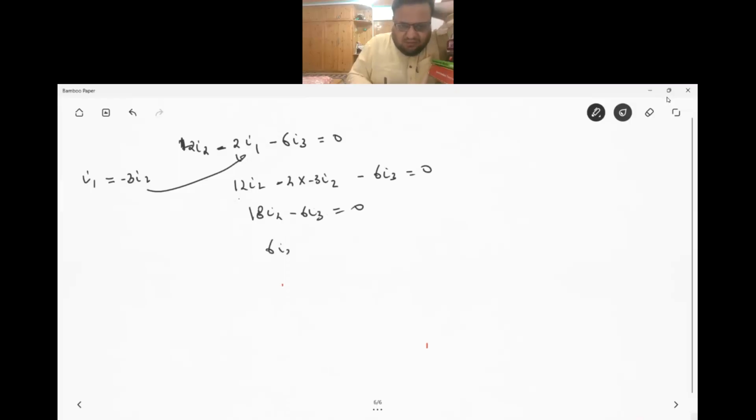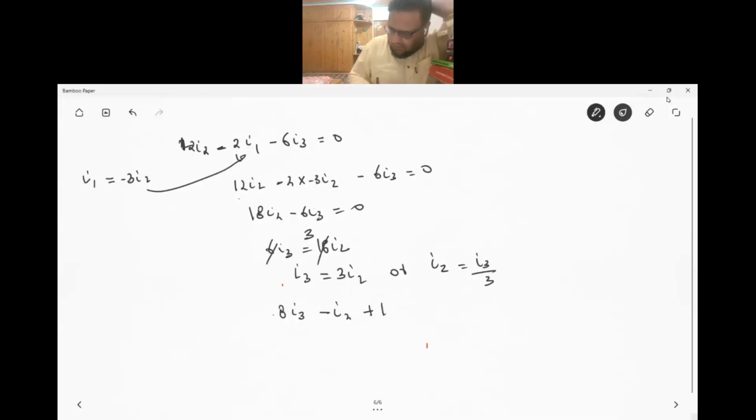So 6I3 goes there, so 6I3 becomes equal to 18I2. That means I3 is equal to thrice I2, or I2 is equal to I3 by 3. This is the scenario. And the final equation that I got from the previous scenario was 8I3 minus 6 I2 plus 1 is equal to 0, right? Now I can substitute this value.